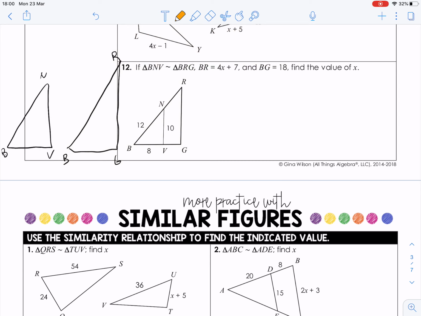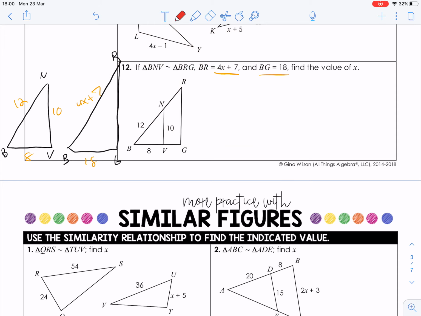It does for me. So we have BV is 8, NV is 10, BN is 12, and that's it. Okay. And it tells us BR is 4x plus 7, and BG is 18. It tells us that right here.